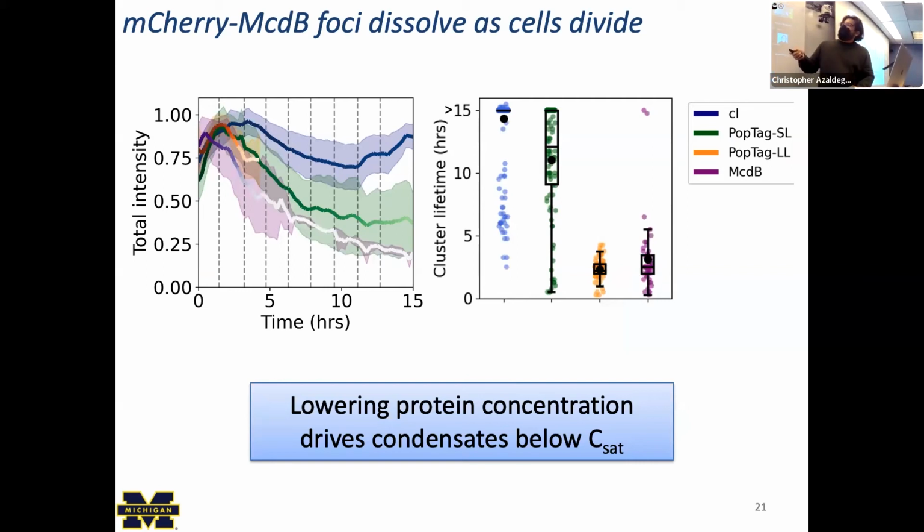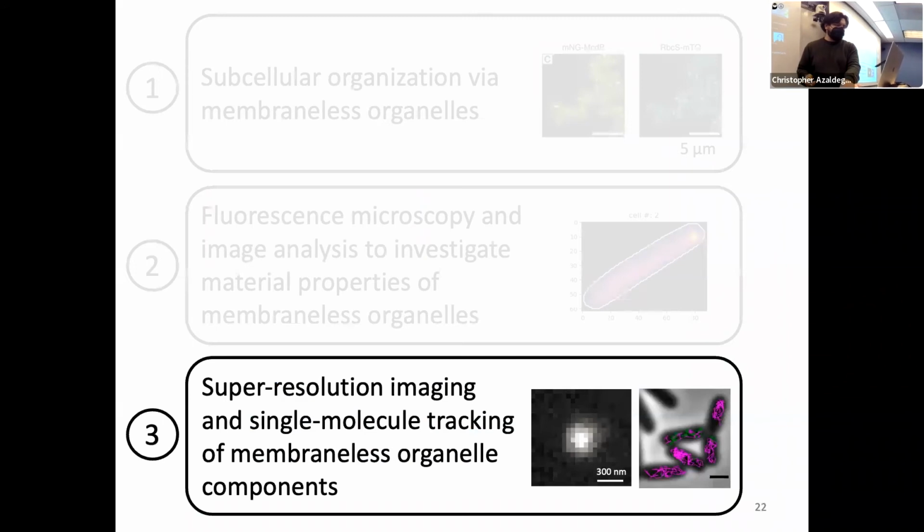And then you see the overall decrease of these 3 other proteins, as well as the full dissolving characteristic with the decreasing number of foci, and their lifetimes are shown here. So overall, lowering the protein concentration drives these condensates below the CSAT point, causing them to dissolve and return to the one-phase system where they're fully in this homogeneous region.